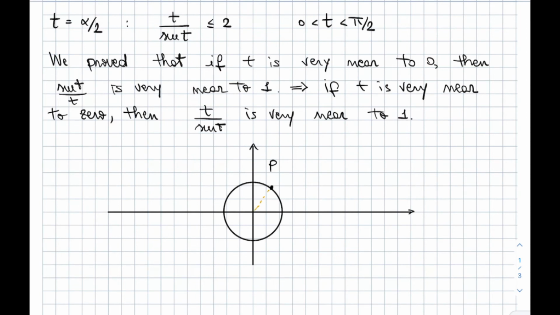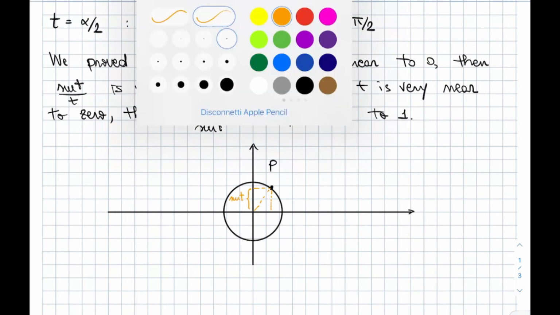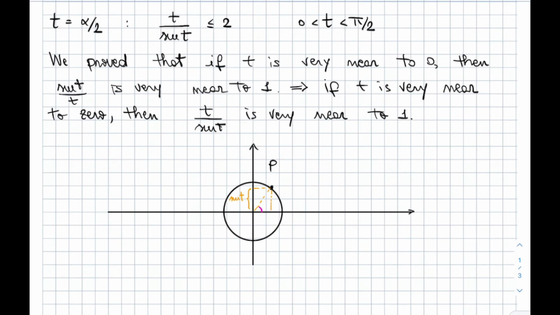Then we know that the y coordinate of P is exactly given by the sine of t, where t is the angle between the segment connecting the origin to P and the x-axis. Now draw the rectangle whose sides are the radius of the circle and sine of t.